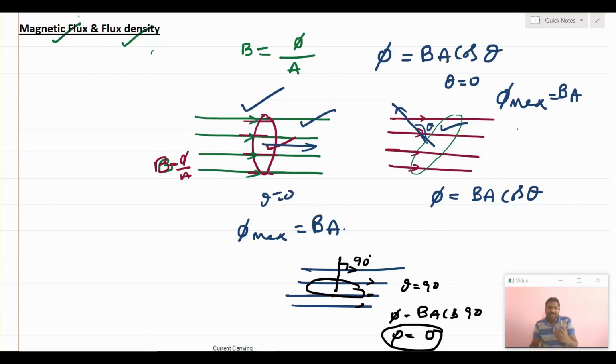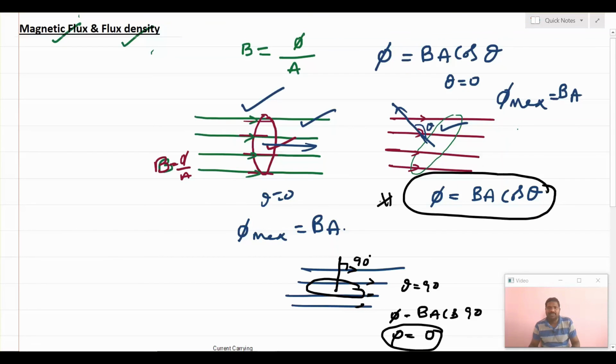If the number of magnetic lines passing through that plane is 0, then flux is automatically 0. When the axis of the coil makes 90 degrees with the magnetic lines of force, flux is 0. So we can consider the dot product: flux phi is equal to BA cos theta.